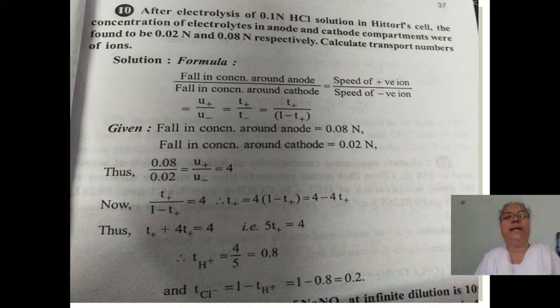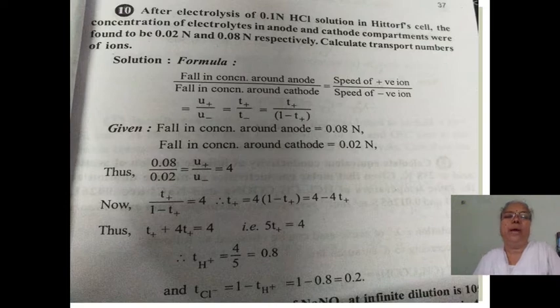Then if we take silver electrodes, that means silver as an anode and silver as a cathode, then instead of a decrease in concentration, the concentration at the anode compartment increases, because here the solution contains Ag+ ion and NO3- ion.